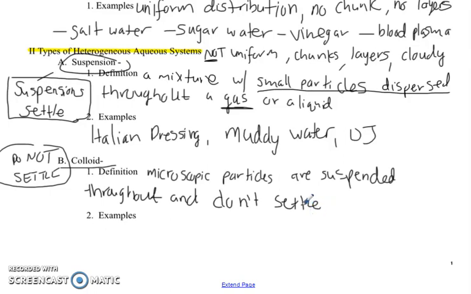I guess we should make sure we say that these are insoluble particles. So they're not actually dissolving. We'll make that note too. So small, and we'll say these are insoluble. So both, they are insoluble.